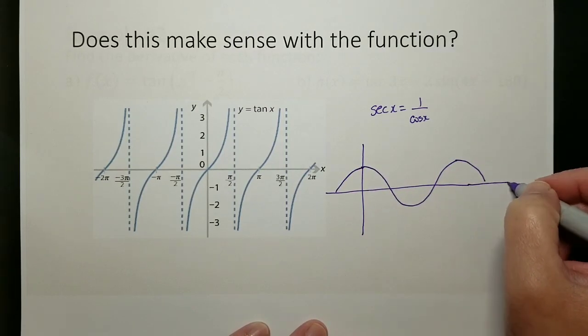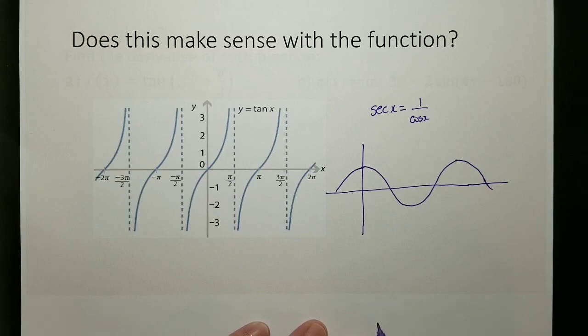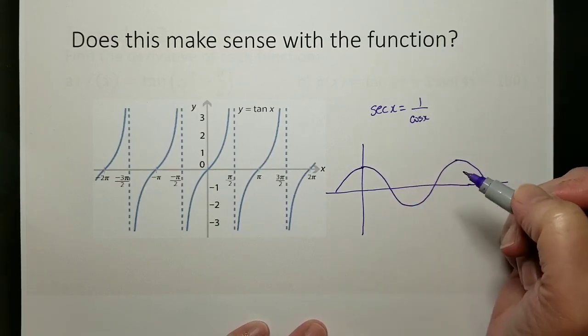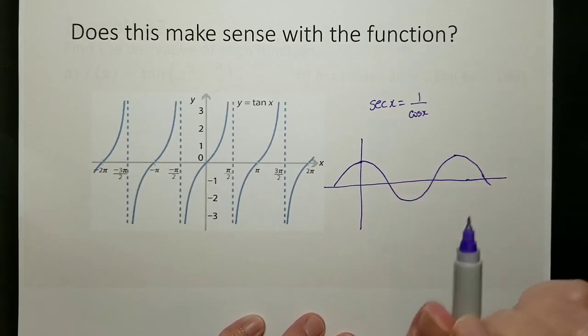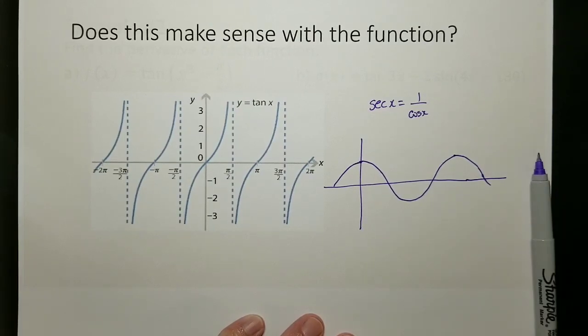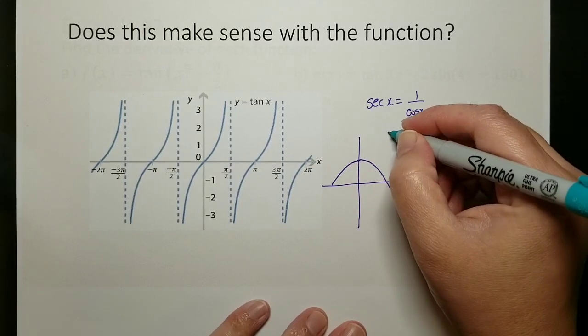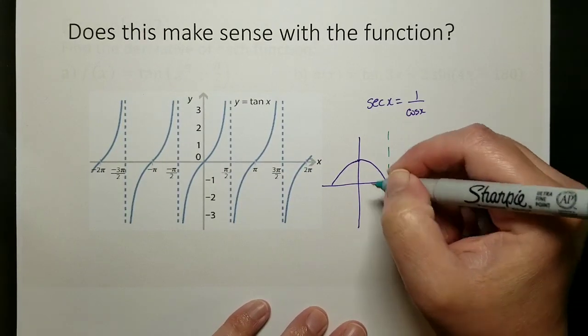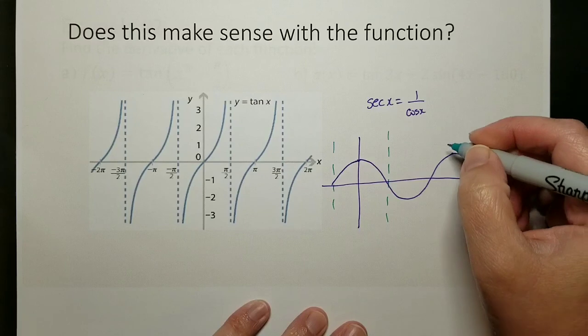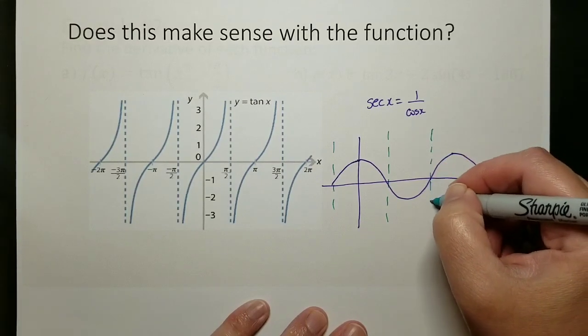Now remember that when you did reciprocal functions, so when you did 1 over f of x and you thought about what those graphs would look like, remember that you said, oh, okay, well, wherever there's a 0 of the original function, I can't have a value. It would just be an asymptote, right?